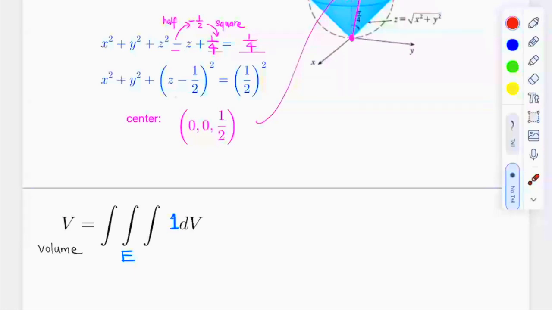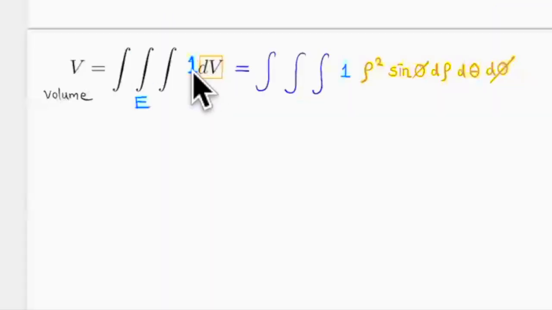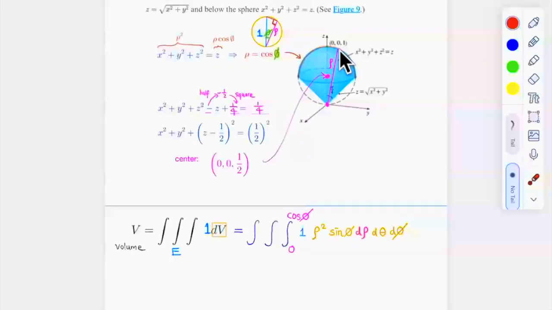We recall that the volume of a solid is equal to the triple integral of the function 1 over the solid. So replacing this volume element dV by rho squared sine phi d rho d theta d phi. Rho goes from 0 to, see this surface here is rho equal to cosine of phi.